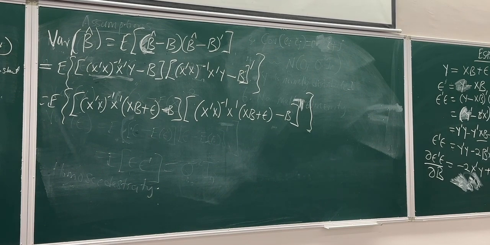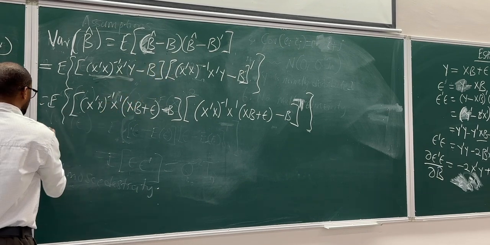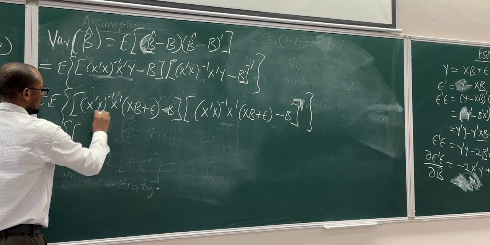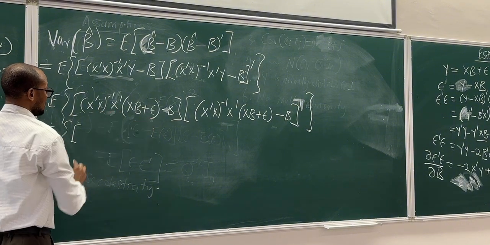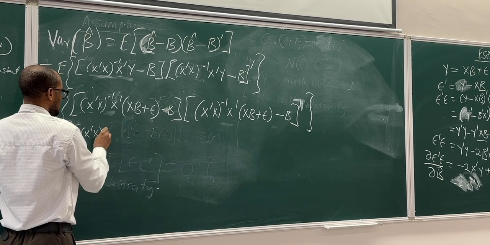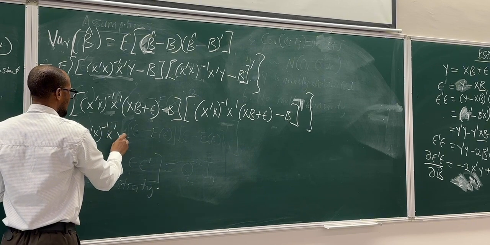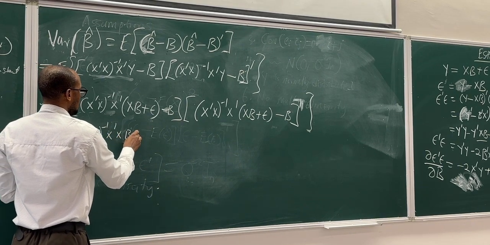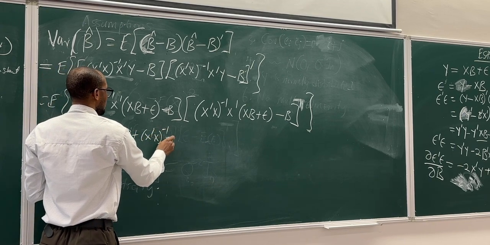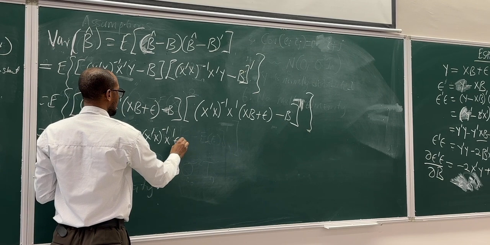Now the next thing we're going to do is we open up the brackets. So this gives us expectation of what? Use everything here to multiply what's in the bracket. We are going to get x transpose x inverse x prime x beta plus x transpose x inverse x prime e.